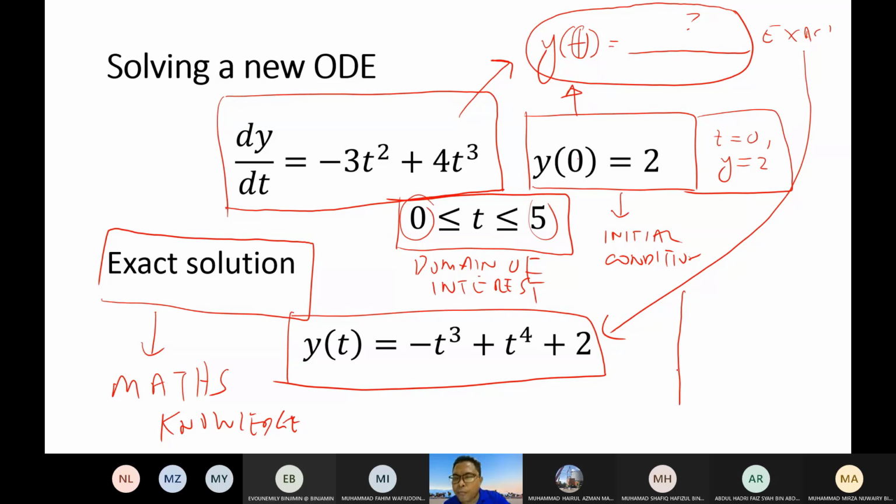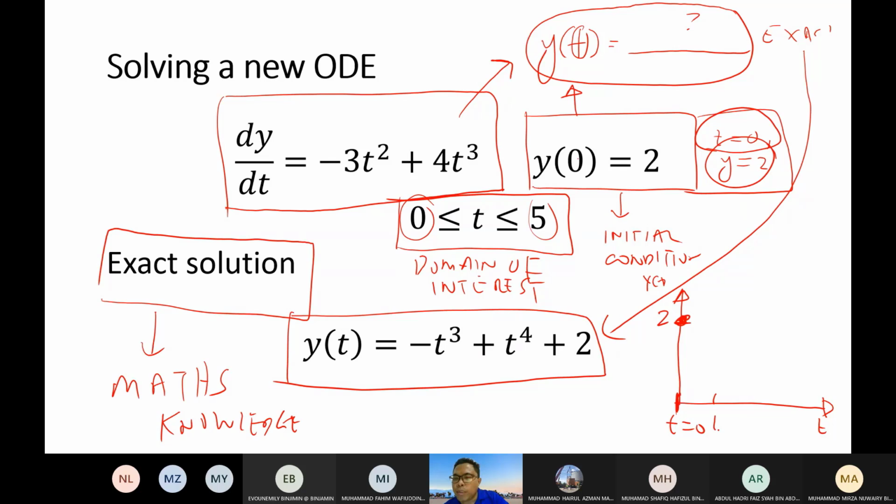Meaning that if I perform the solution using numerical approach, I want to find the solution of y with respect to t. And if you see carefully, when t is equal to 0, your y is already determined to be 2. So I have the initial solution here to be 2.